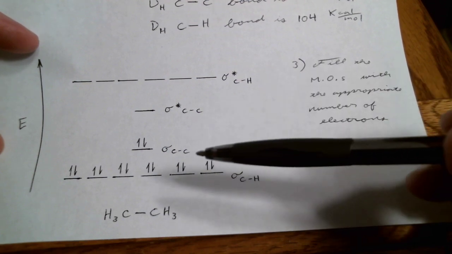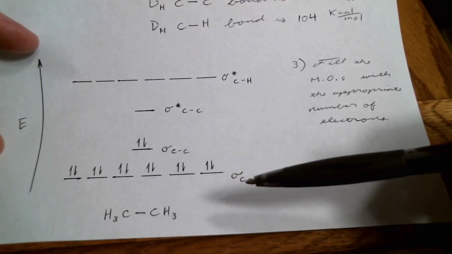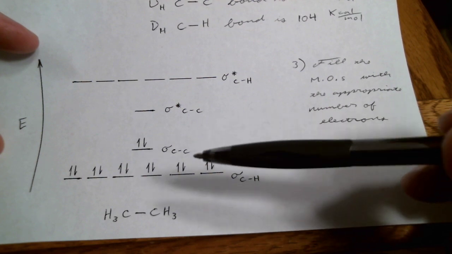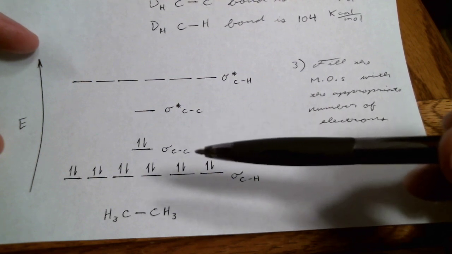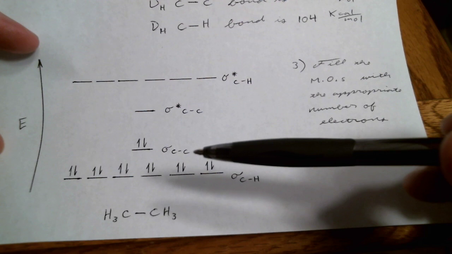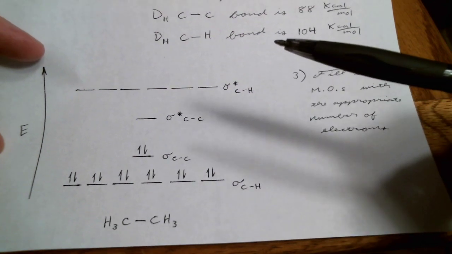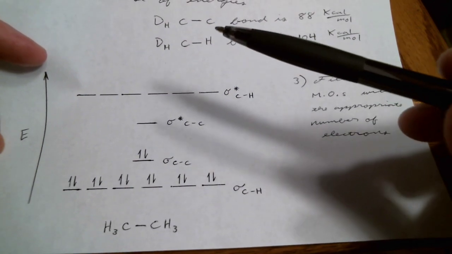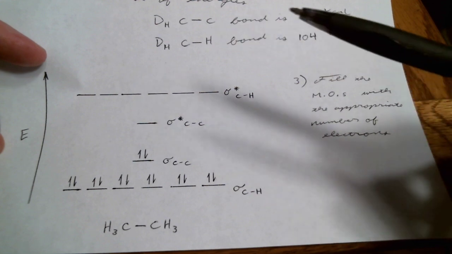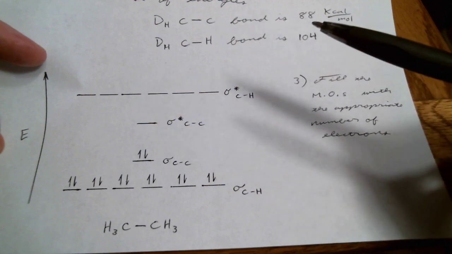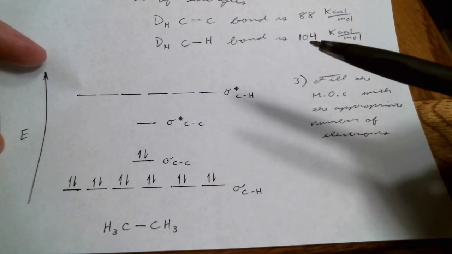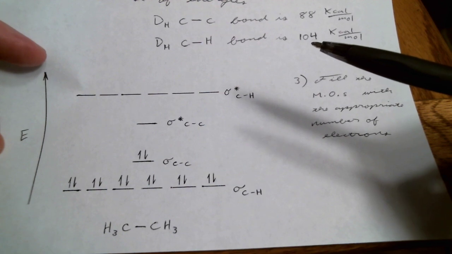A little higher in energy than the sigma CH molecular orbitals, we would expect to find the sigma CC molecular orbital. Why is that? Well, we just discussed that the dissociation energy for the carbon-carbon bond is less than the dissociation energy for the carbon-hydrogen bond.